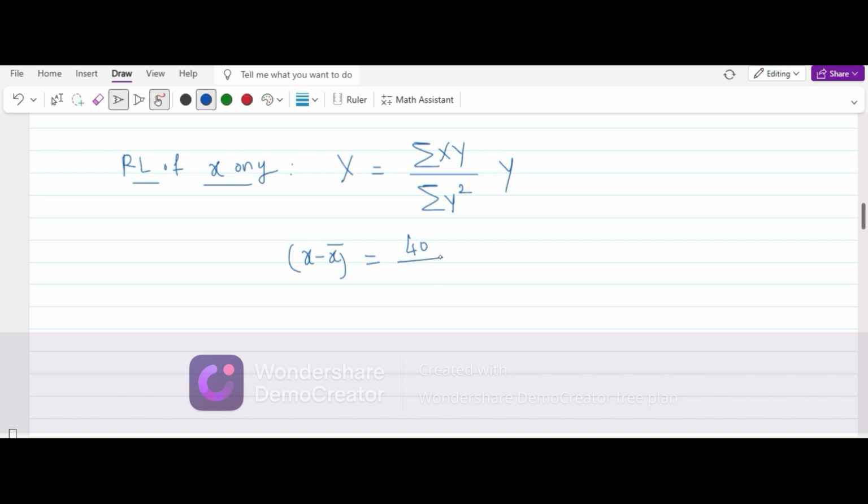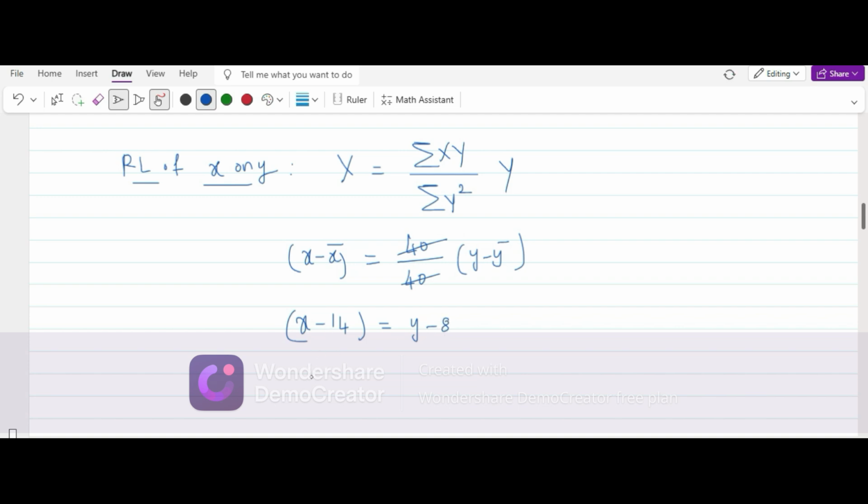And summation y square? 40. And it is y minus y bar. So what is x bar? 14. We can cancel this 40 here. This is y minus, what is y bar? 8. Y bar is 8.